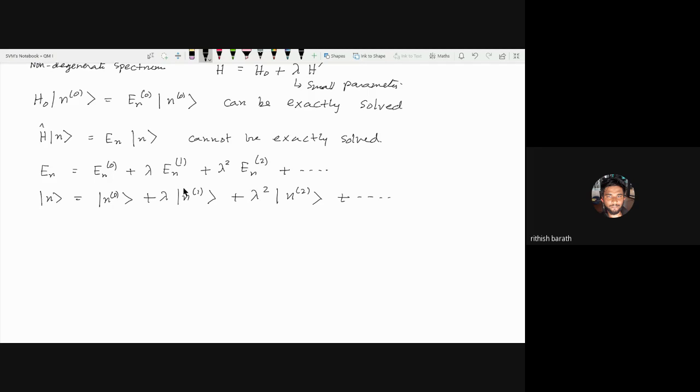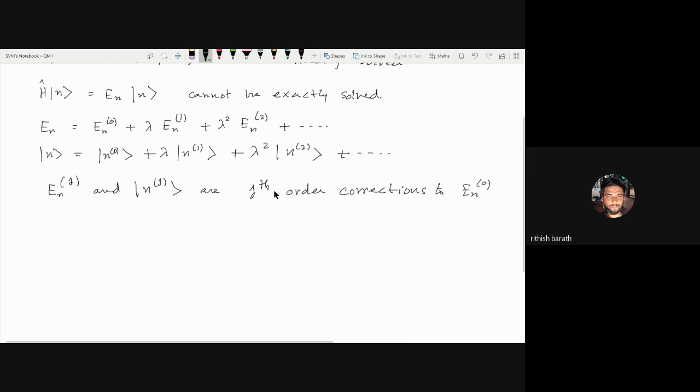So Enj and |nj> are jth order corrections to En0. If you include up to jth order correction, you get an approximate value of En, not the exact value. Exact value means you have to introduce all orders of perturbation.